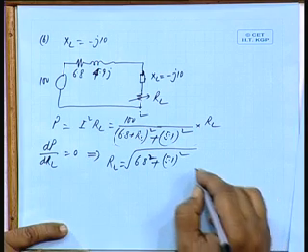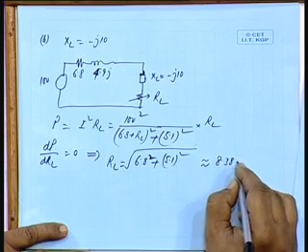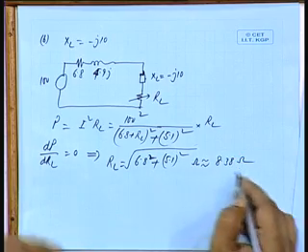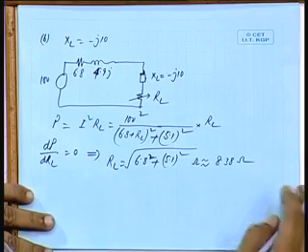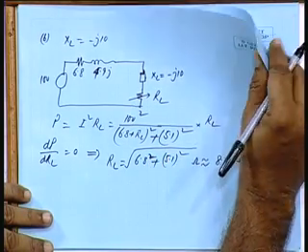So, that gives me approximately 8.38 ohms. Okay. This is an approximate calculation. All my calculations here will be approximate. So, method is more important.